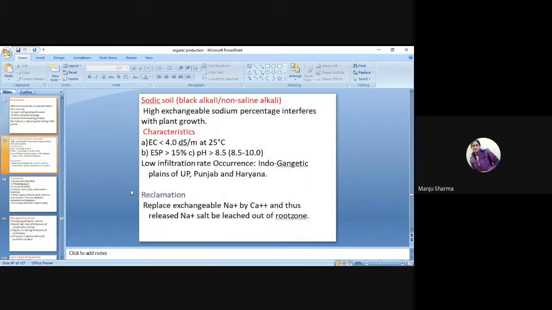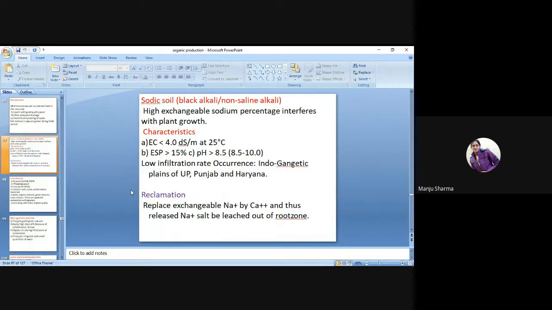After that, sodic soil, that is black alkali, non-saline alkali. In this, a high exchangeable sodium percentage interferes with plant growth.